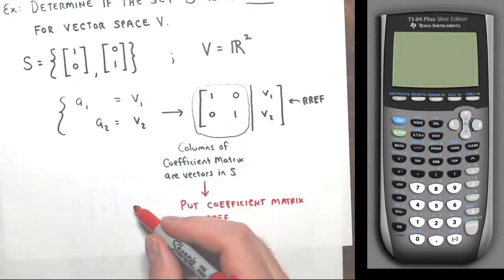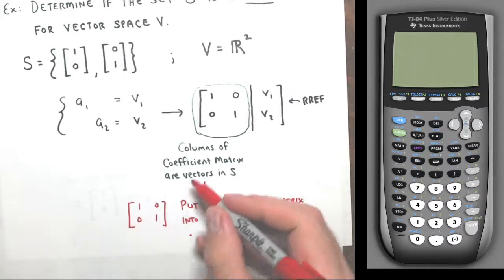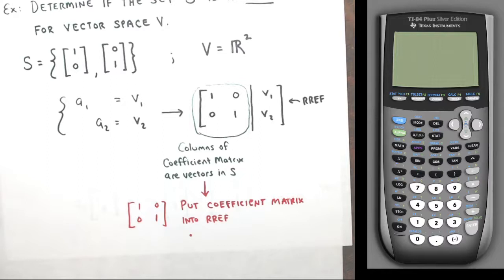That would just be the identity matrix here, 1 0 0 1. It's already in reduced row echelon form.